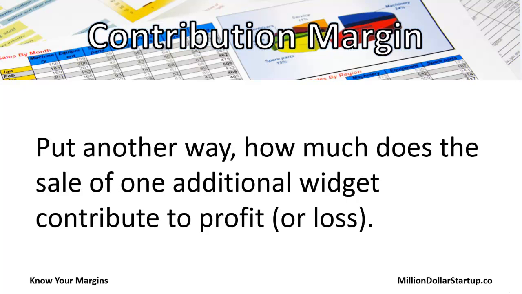So if you think about it another way, contribution margin is telling you how much does the sale of one additional widget contribute to your profit. Or if your contribution margin is negative, then you want to know how much the loss is for each additional sale and take steps to make sure that additional sales obviously return additional profits.